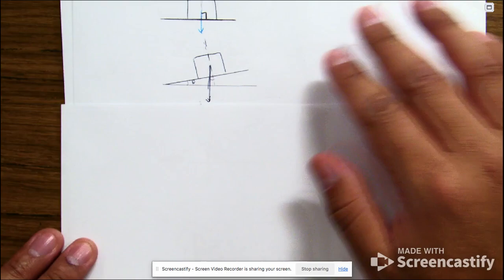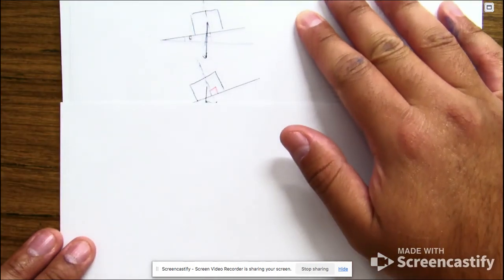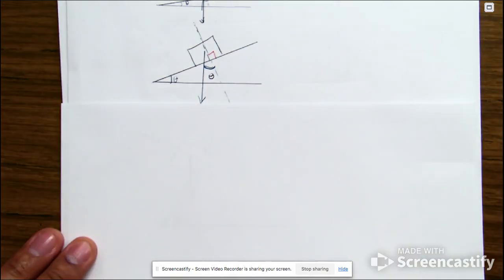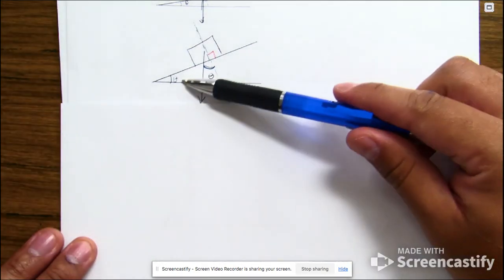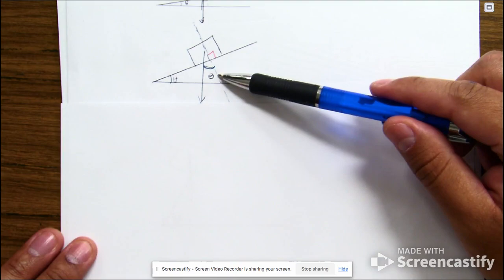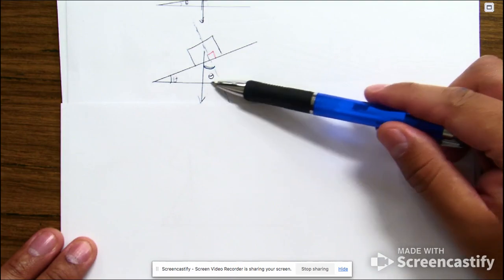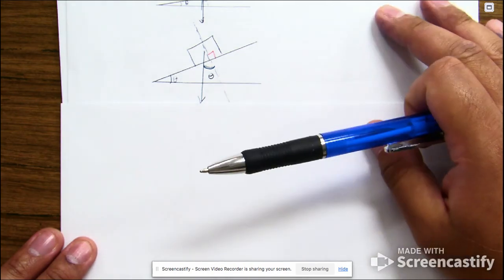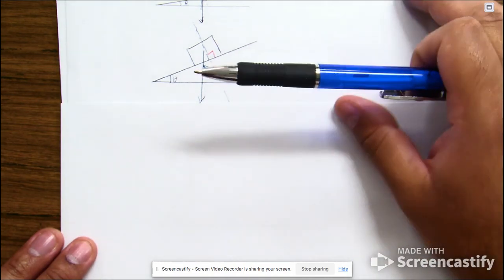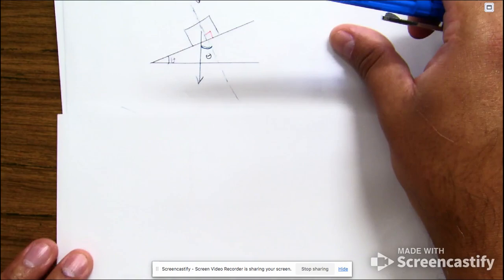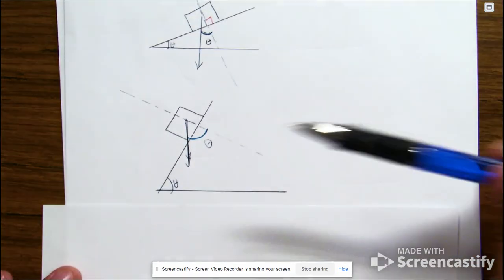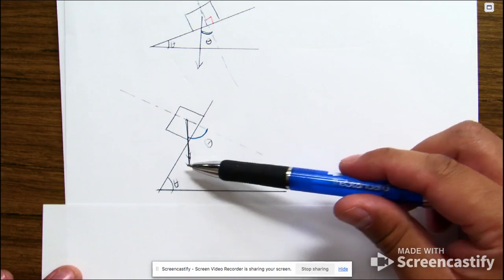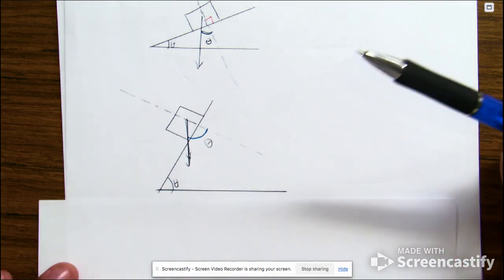And if I do that again, you'll see once again that as I increase this angle, the angle between the normal and the force of gravity is also increasing. And if I do it to an extreme amount, of course that's still going to be perpendicular, you'll really see that the angle between the force of gravity and the normal is the same angle as the angle of the incline.